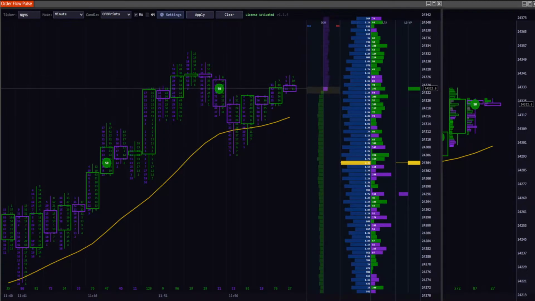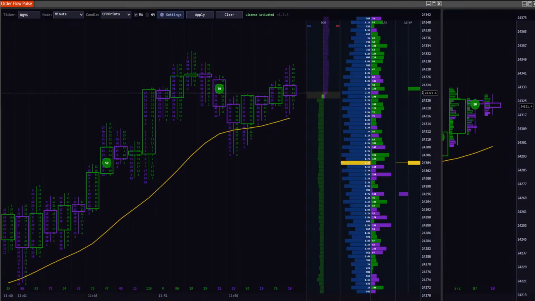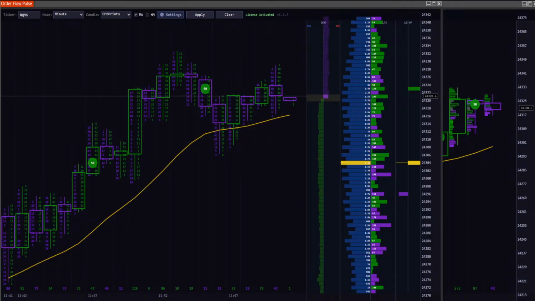We need to start getting this Delta climbing. We need to really get going, folks. We got 44. This is just complete crap.